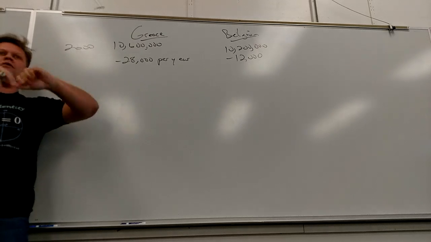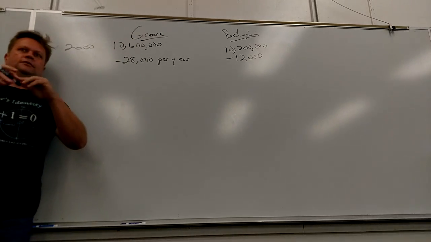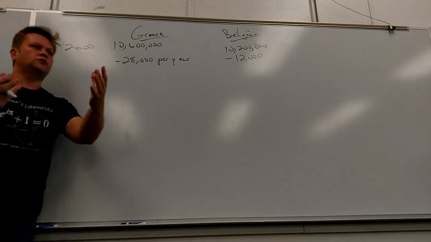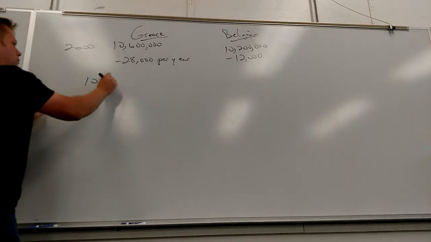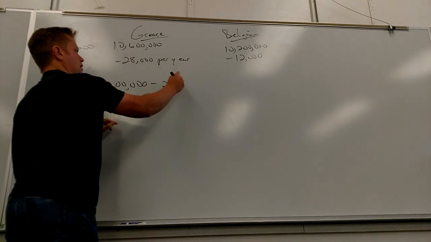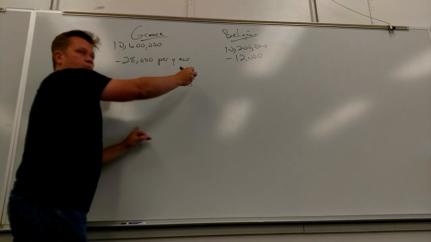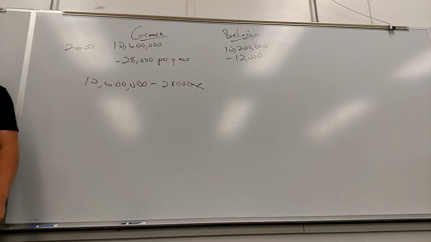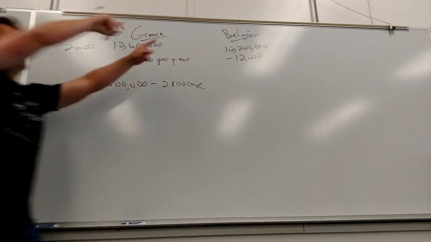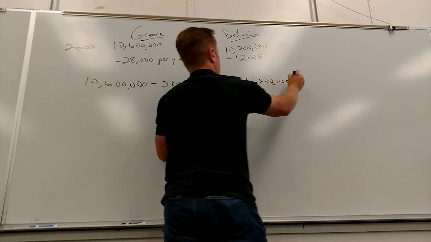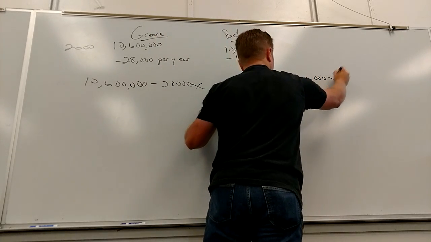So X years after 2000, what would the equation be? Well, you start with 10,600,000 and you subtract 28,000 per year. And what's the equation going to be for Belgium? It's going to be start at 10,200,000 and subtract 12,000 per year.